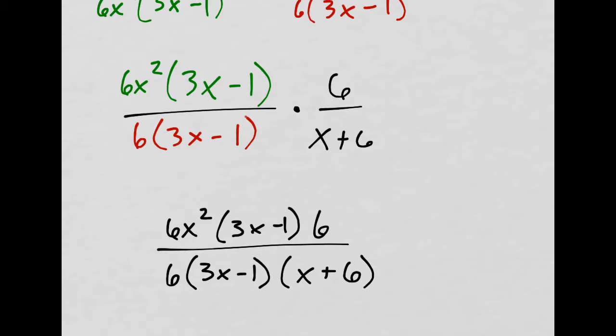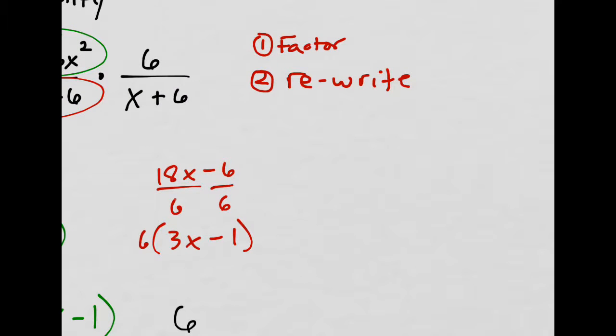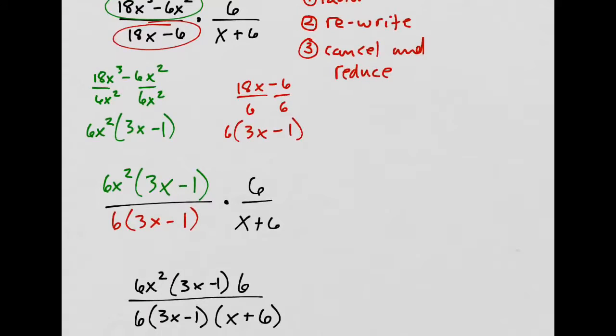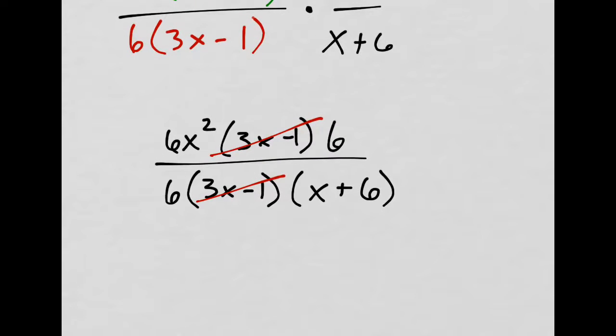And now I'm going to try and cancel. After you rewrite, cancel and reduce if you can. Notice I have the 3x minus 1 and a 3x minus 1, so those cancel. And then I got a bunch of 6's.